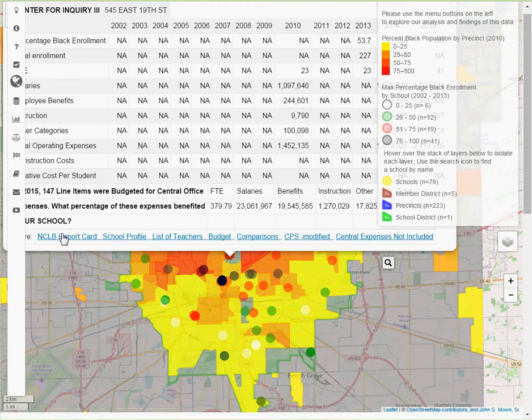In some cases, down here you'll see there's a No Child Left Behind report card for that school. I'm going to click on that and hope that it comes through. Not all schools will have these items at the bottom.